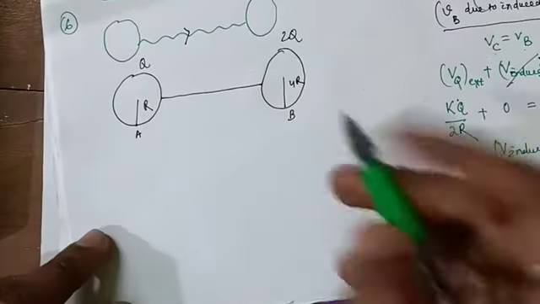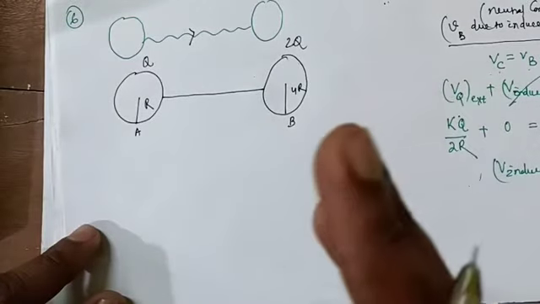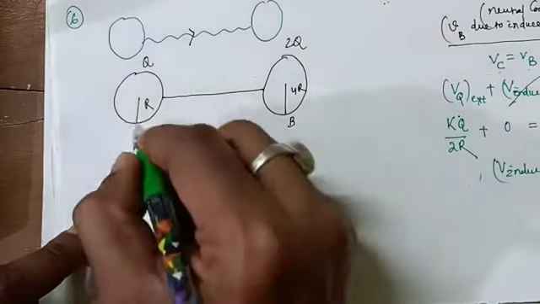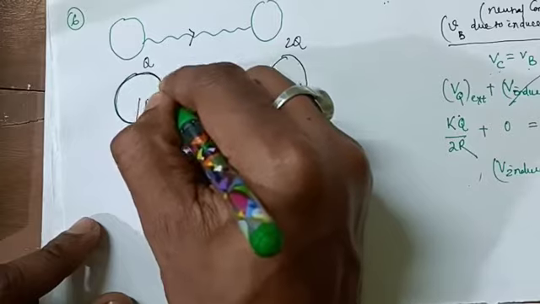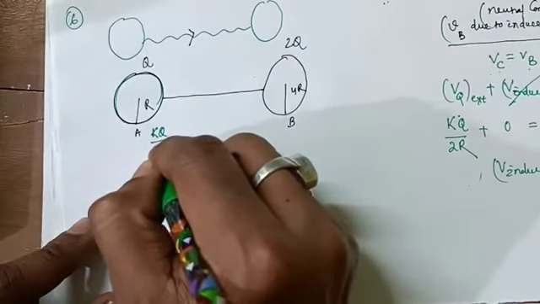This is a basic concept a student must keep in mind: positive charge always flows from higher potential to lower potential. Let me think about the potential of this sphere. The potential expression is kq upon r.